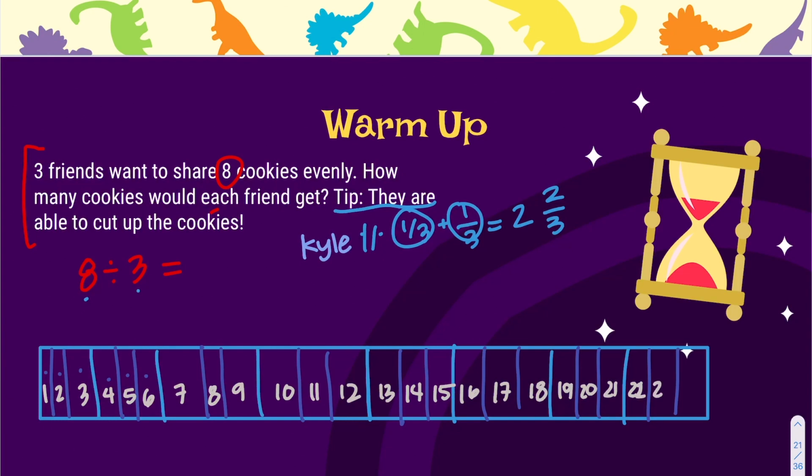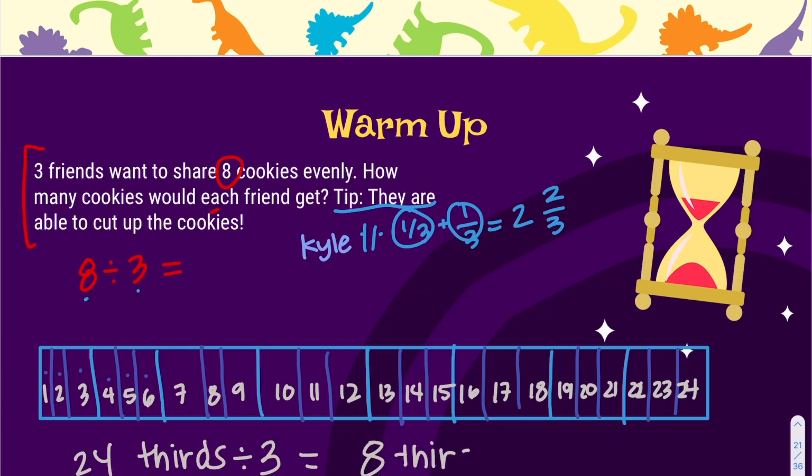Oops, 22, 23, 24. So here we have 24 thirds divided by 3. So do we know what 24 divided by 3 is? You guys should, and it is 8. Because 24 divided by 3 is 8, but it's 8 thirds. And this answer tells us how much each friend gets.